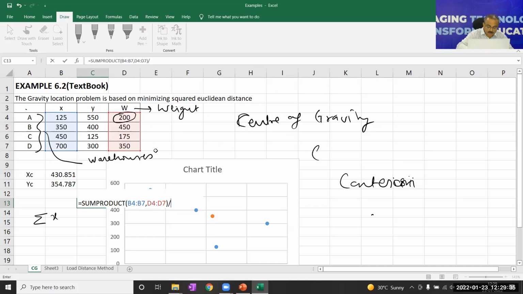So I can use the sum function. So we can see this based on the x value, and similarly, we can utilize it for the y coordinates also.